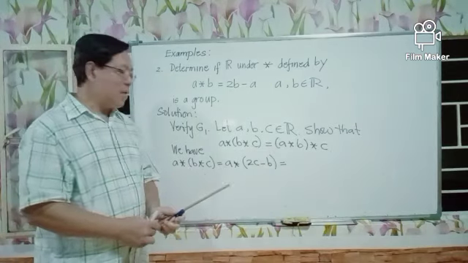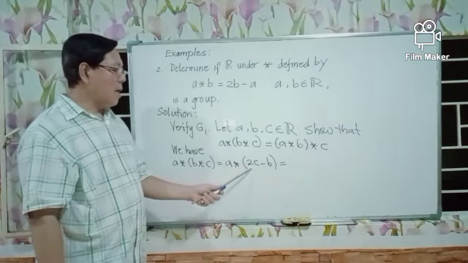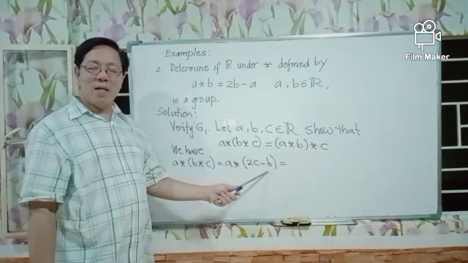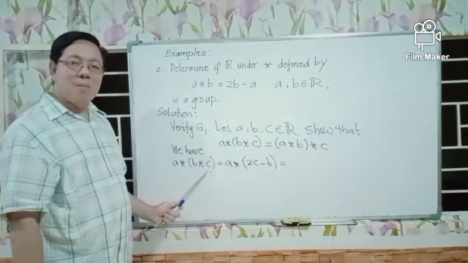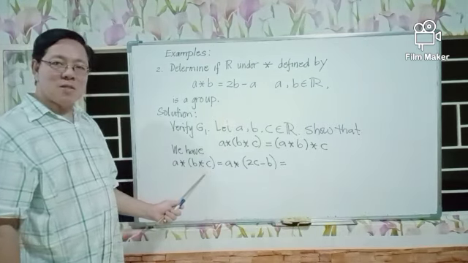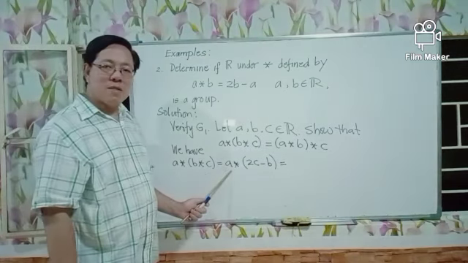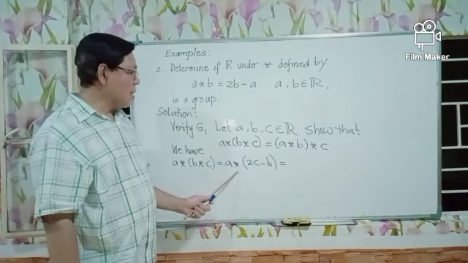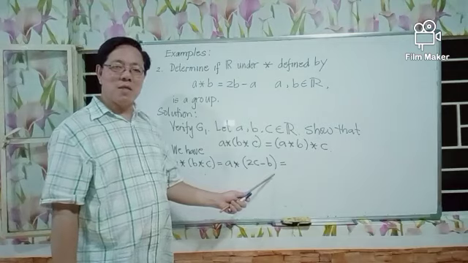Now we combine a and this result when b and c are combined by the binary operation star. That is, we now get the value of a star (2c minus b).